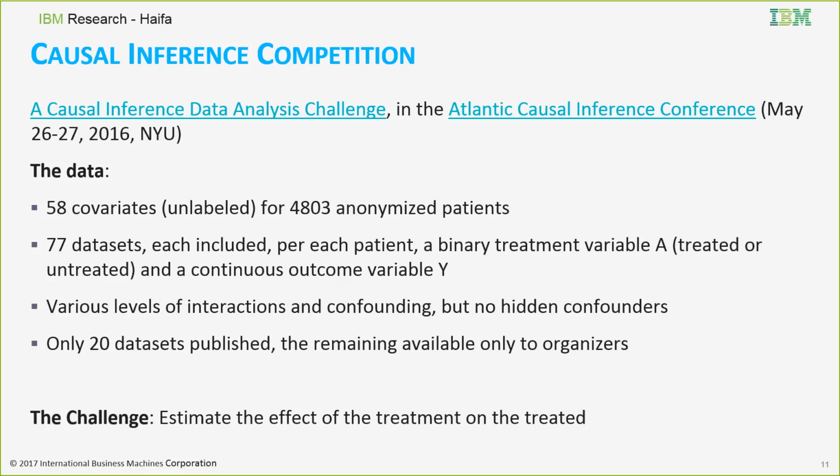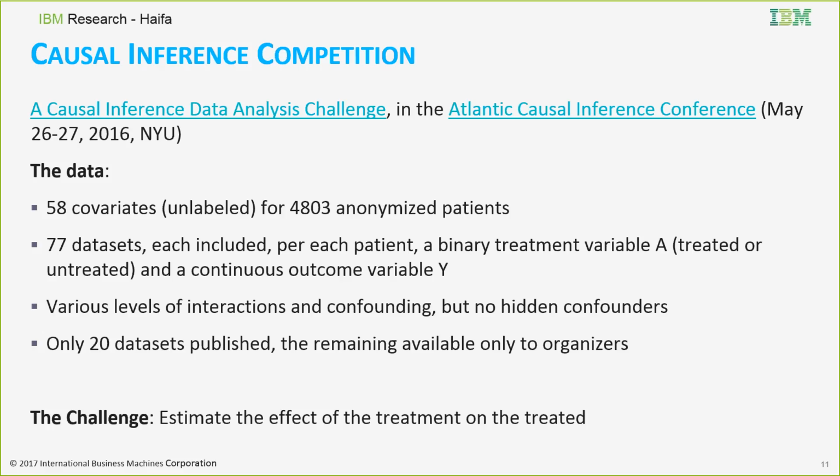So there was no hidden confounders in this exercise, so it's kind of easier. But the way the confounders classically determined the treatment and outcome was obviously systematic. And one other thing they did, they just released 20 data sets and kept the effect unpublished.